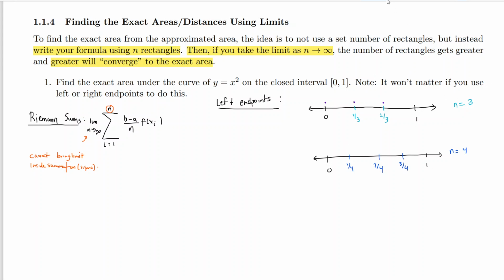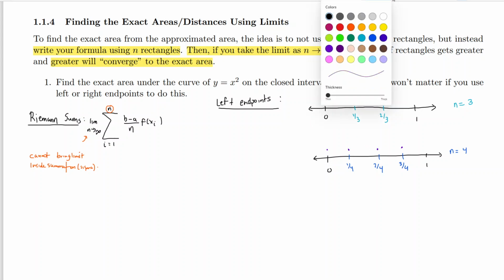And if we did the left endpoints, what are we doing? We're doing 0, 1/4, 2/4, and 3/4. Right? And we want n equals 4, so we want to plug in 4 numbers. But like I mentioned in the previous problem, whenever you're doing left endpoints, you pretty much always start with the leftmost point, which is 0, and then you go up until the second to last one, and that'll give you your x values.